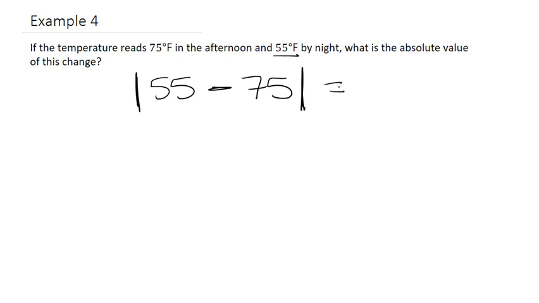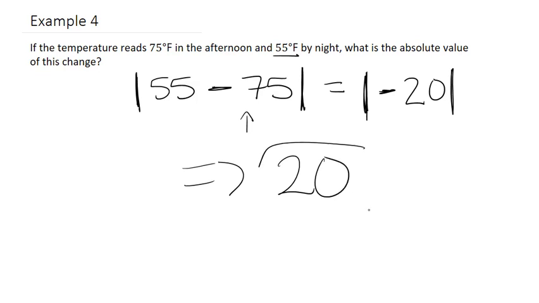We notice we have a larger negative number because of this minus 75. So we would get negative 20 inside the absolute value sign. But because it's in the absolute value sign, it then becomes just 20. So the absolute value of this change is just 20.